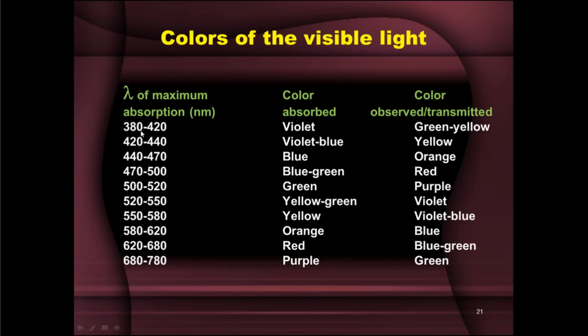I hope it's understood. So these are the various ranges. What is the absorbed color? You use the corresponding wavelength for studying a green, yellow, or the transmitted color. These two colors, absorbed and transmitted, are complementary colors.